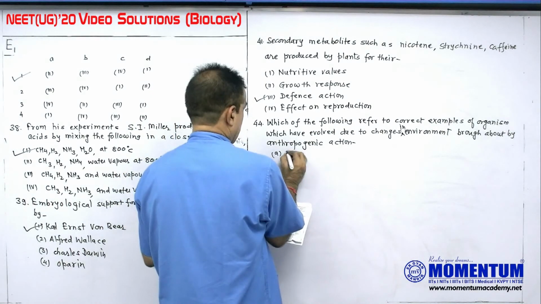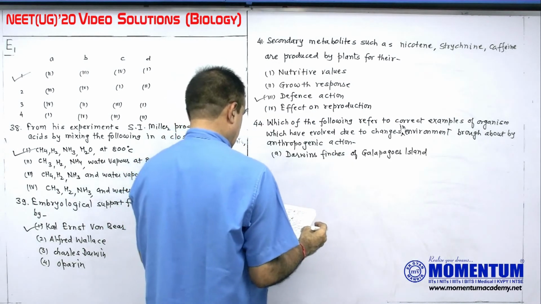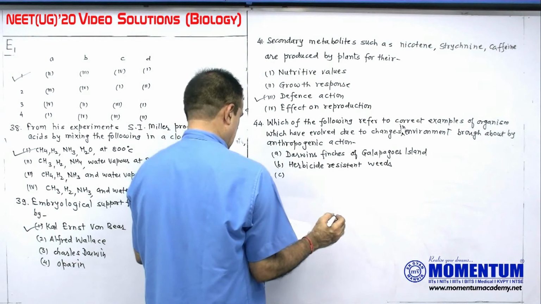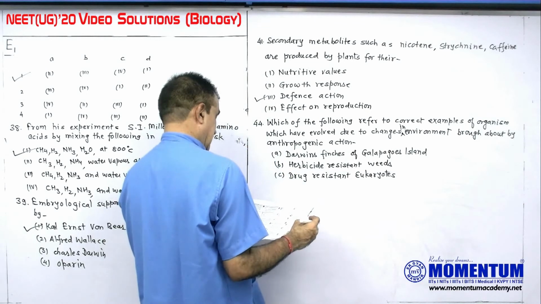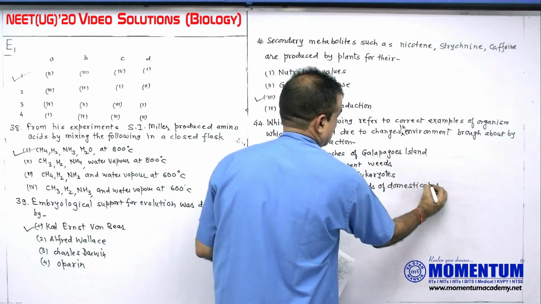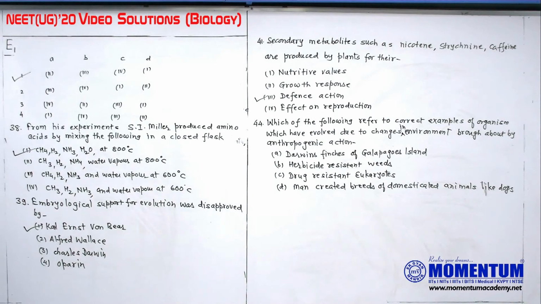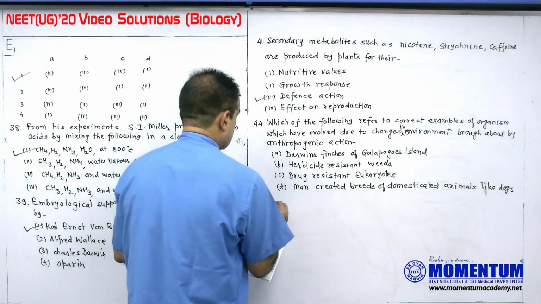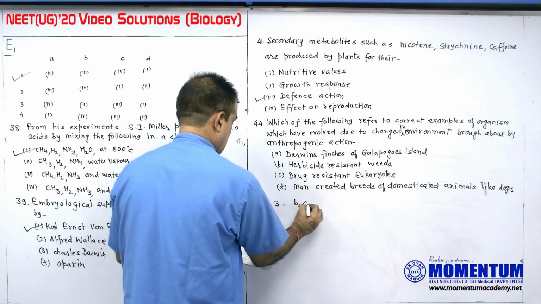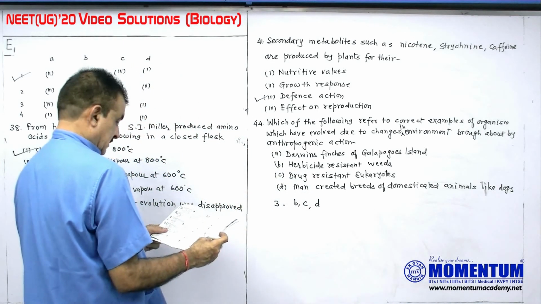A, Darwin's finches of Galapagos Island, B, herbicide resistant weed, C, drug resistant eukaryotes, D, man created breeds of domesticated animals like dogs. Question number 44, correct option is third, that is B, C and D.